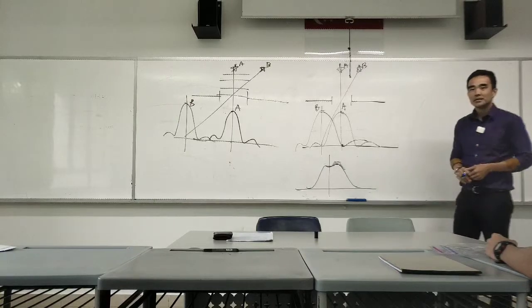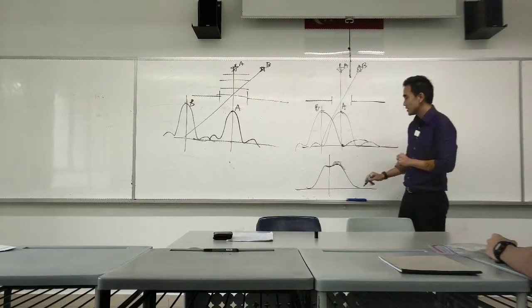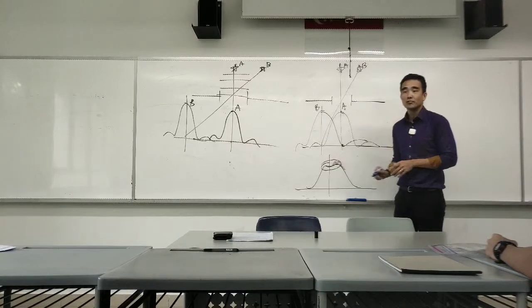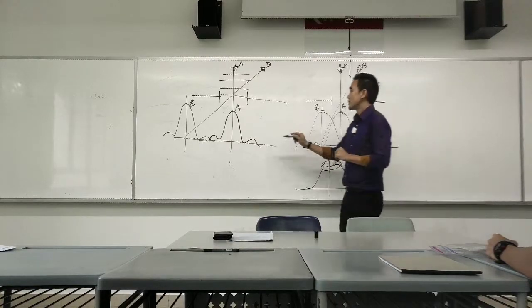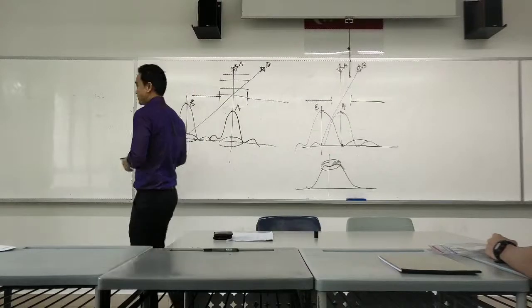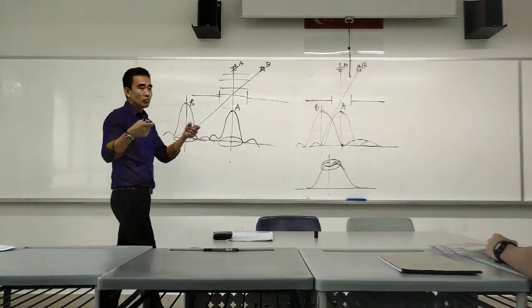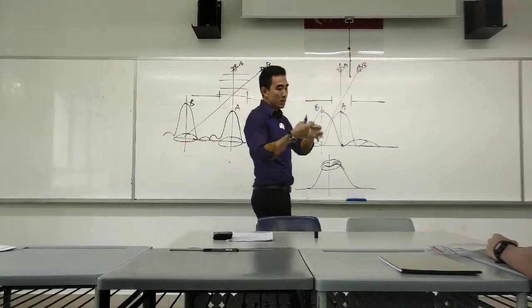If you look at this intensity pattern, you're just going to see a bright patch over here. You're not going to see two bright spots. The two light patches from the two stars merge into one.